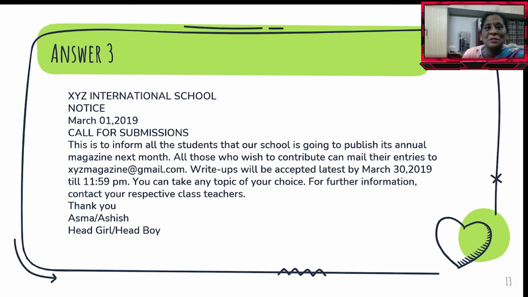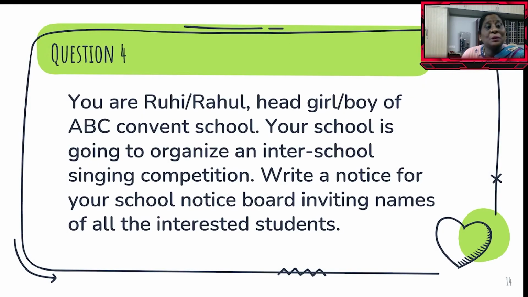Now let's see one more question. You are Ruhia or Rahul, head boy or girl of ABC Convent School. Your school is going to organize an inter-school singing competition. Write a notice for your school notice board inviting names of all the interested candidates.